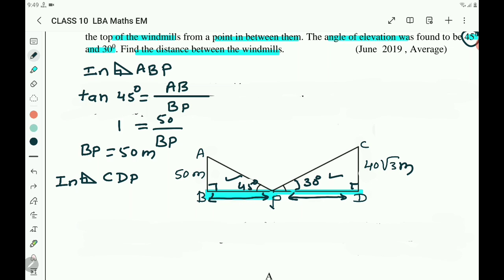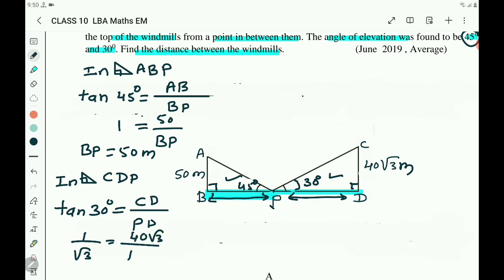So the trigonometric ratio having opposite side by adjacent side is tan theta. That is tan 30 is to be considered here. Tan 30 degree is equals to opposite side CD by adjacent side PD. What is the value of tan 30? Tan 30 is 1 by root 3 equals CD is 40 root 3 by PD.